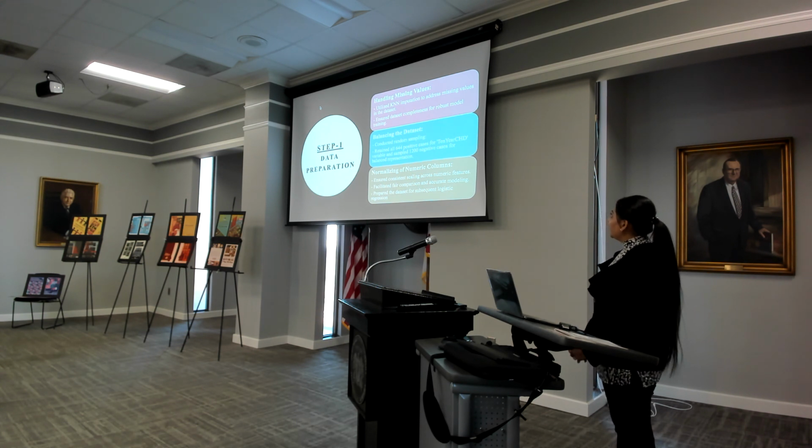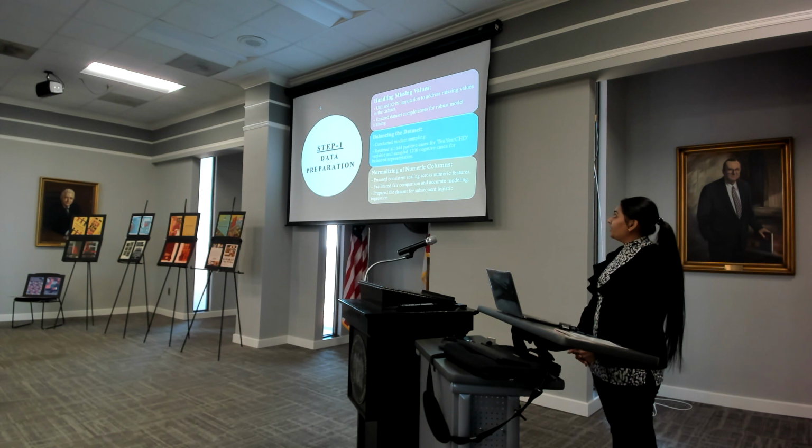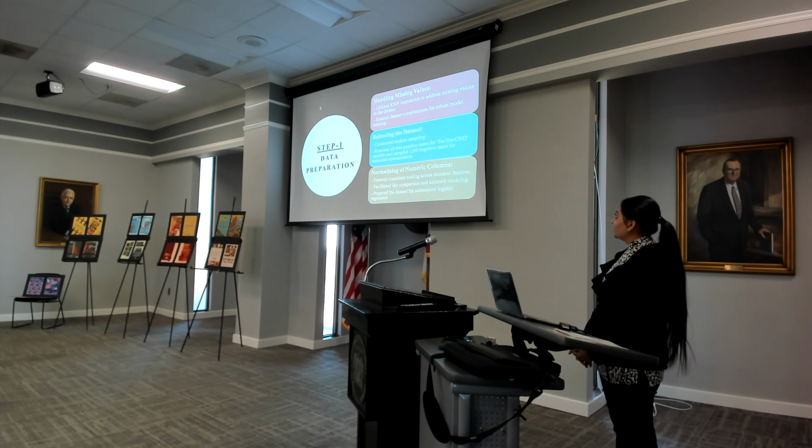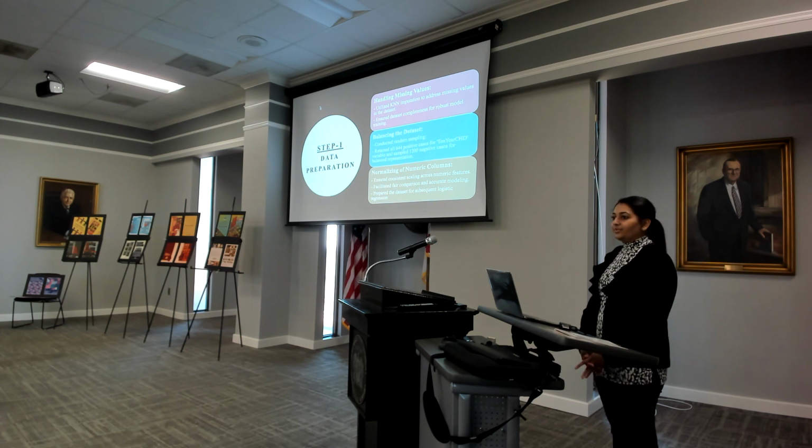Then we balanced our data set because we had more negative cases than positive cases. So we retained all the positive cases, which was 644 records, and we sampled 1,200 negative cases for a balanced representation.